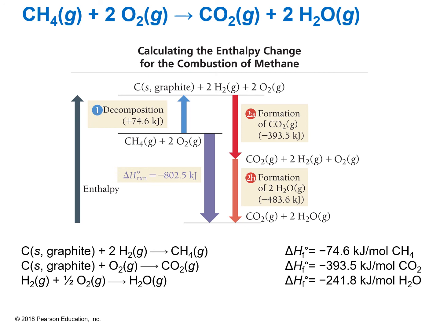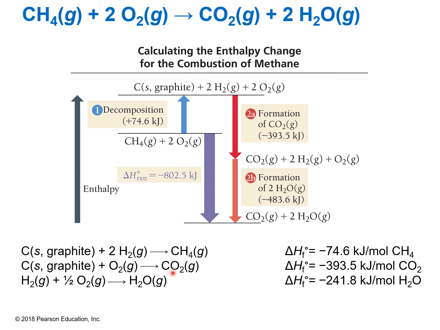Now this looks a little confusing. I get that it looks a little confusing, but if we look at each one of these steps and see what we have going on here, in order to create methane, it's going to take carbon and 2 hydrogen gases. That's the reaction that would have been given to us before, and we're having to create it here. So here's our delta H for the creation of methane. And then to create carbon dioxide, which is this step right here, we're going to need carbon and oxygen.